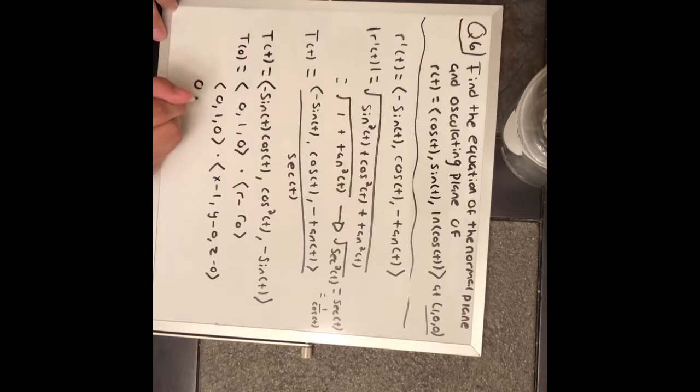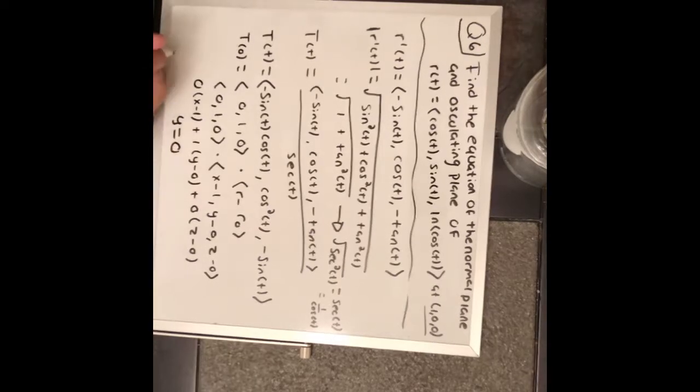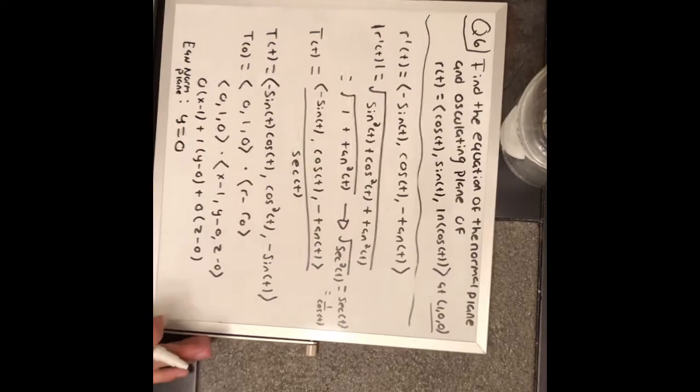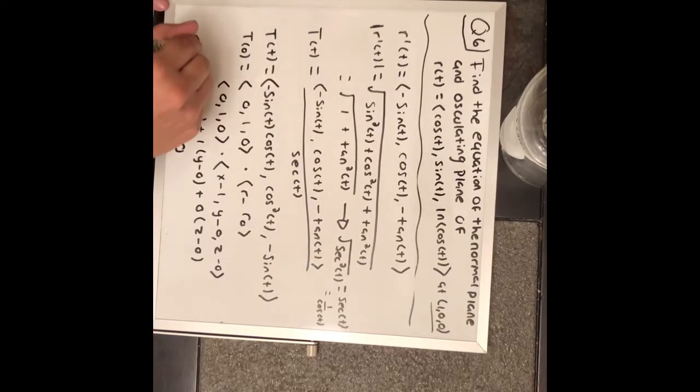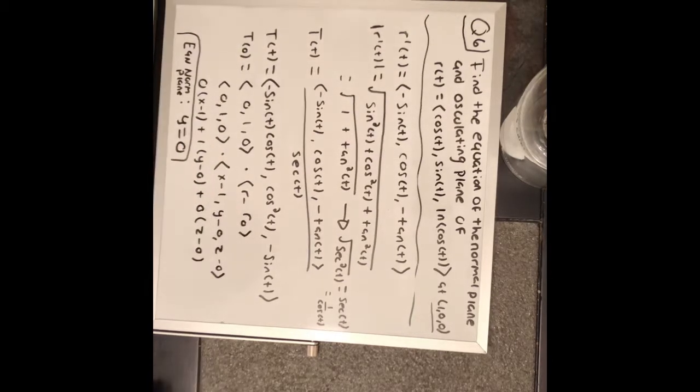So this would be 0 times (x minus 1), plus 1 times (y minus 0), plus 0 times (z minus 0). So this is all just equal to y equals 0. This will be the equation of the normal plane.